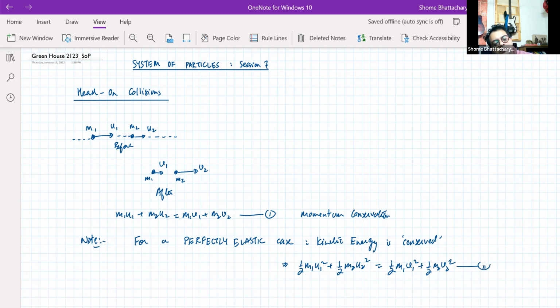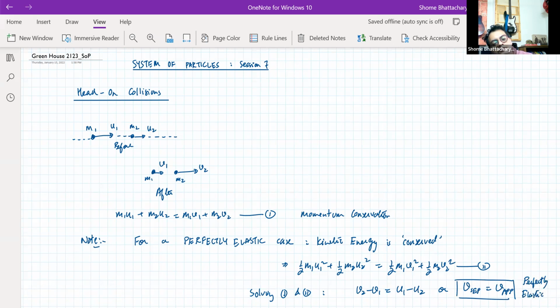Okay. So now solving equations 1 and 2, we also get the general equation that v2 minus v1 is equal to u1 minus u2, or the separation velocity is equal to the approach velocity. We get this important result for the case of perfectly elastic collision. Okay, so we have discussed how this solving happens.